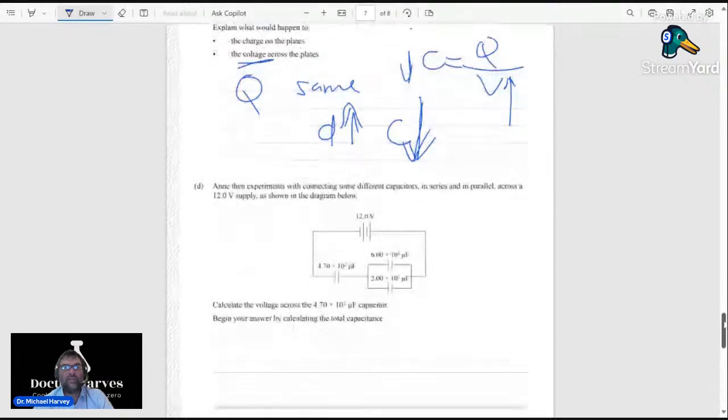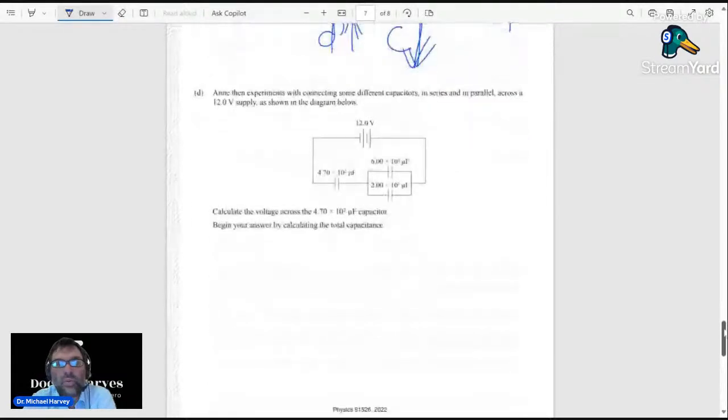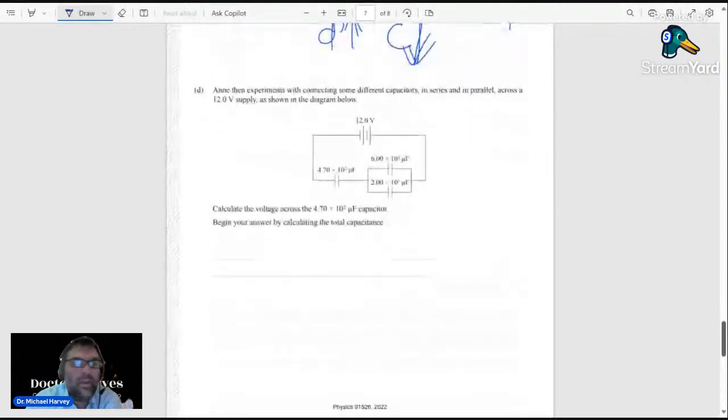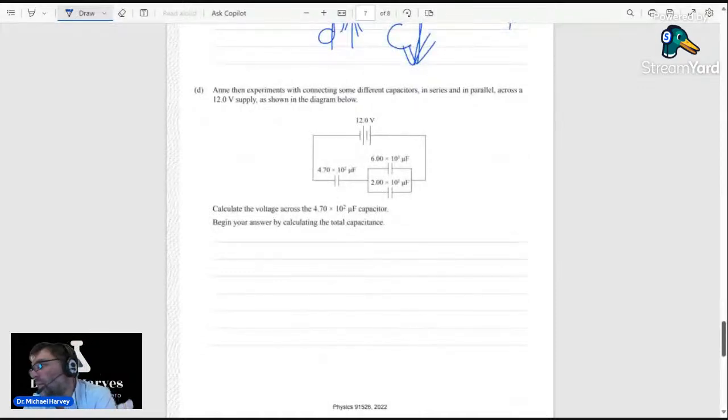So, last question. Anne experiments with connecting different capacitors in series and parallel across the 12-volt supply, as shown in the diagram below, or complex. Calculate the voltage across the 4.7 times 10 to the 2 microfarad capacitor. The first thing you have to do is calculate the total capacitance.